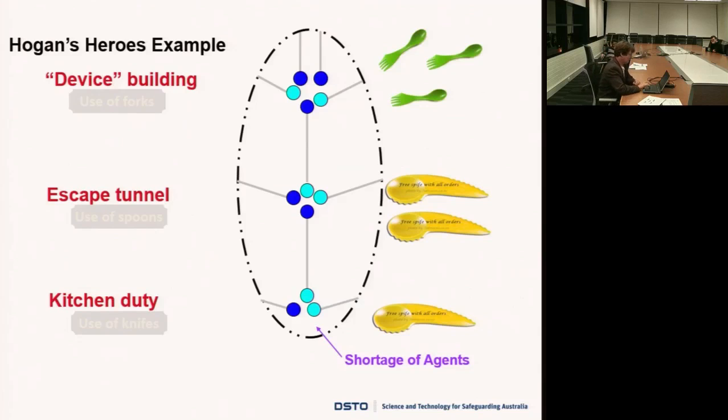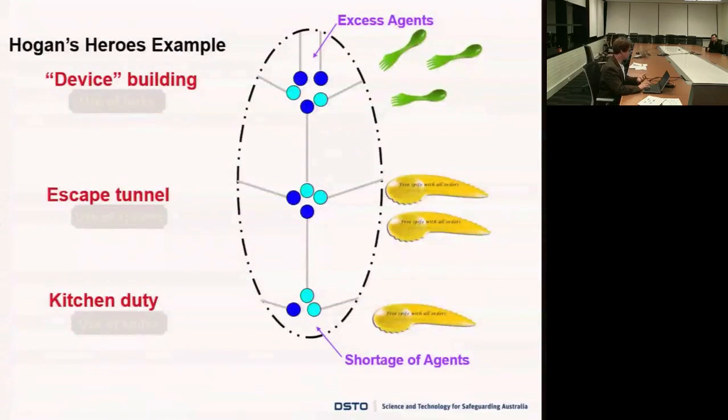But building the escape tunnel is actually very, very important to Hogan's Heroes. But the device is pretty much close to ready, so they might have a shortage of people on kitchen duty, but an excess of people in device building. Now, with a pure redundant system, you could not deal with this resource reallocation problem. You would not find a solution for it.